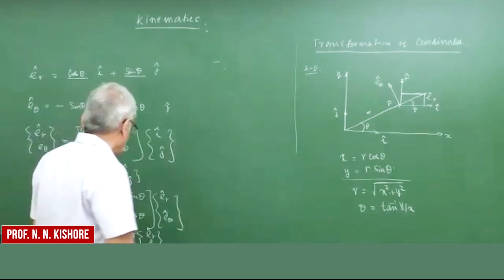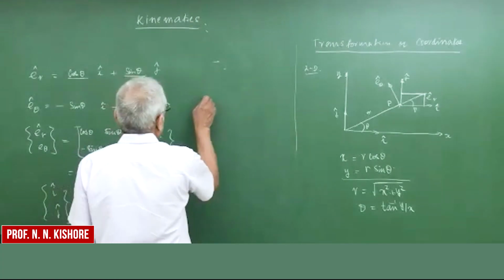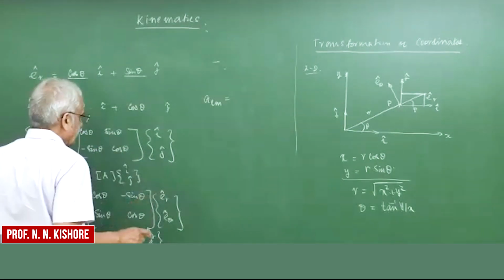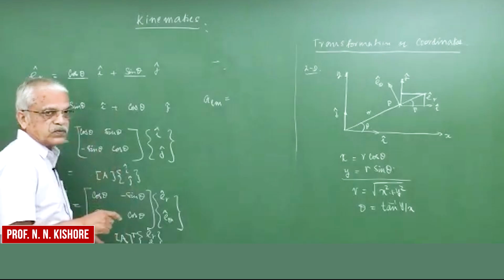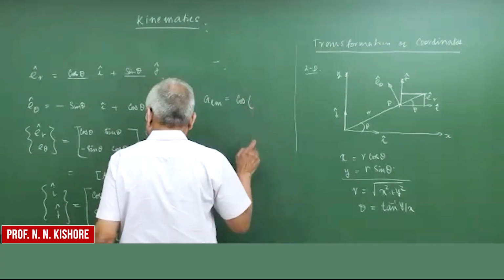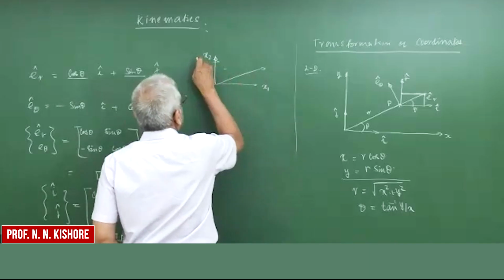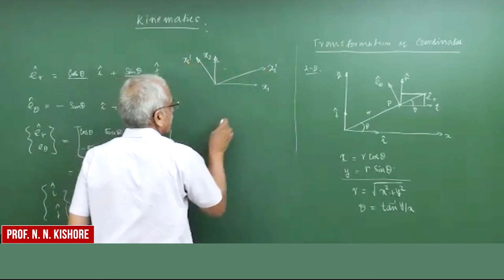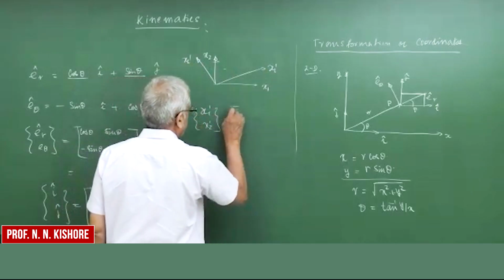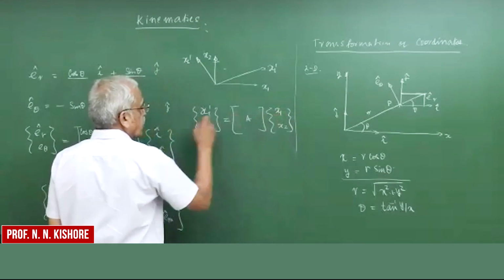So in fact, these terms here, if you call this A, so A_LM, you can see that this is A11, A12, A21, A22, and each is nothing but cosine of the angle of... It's more general, like this, x1 prime, x2 prime, from the unprimed coordinate system to the prime coordinate system.